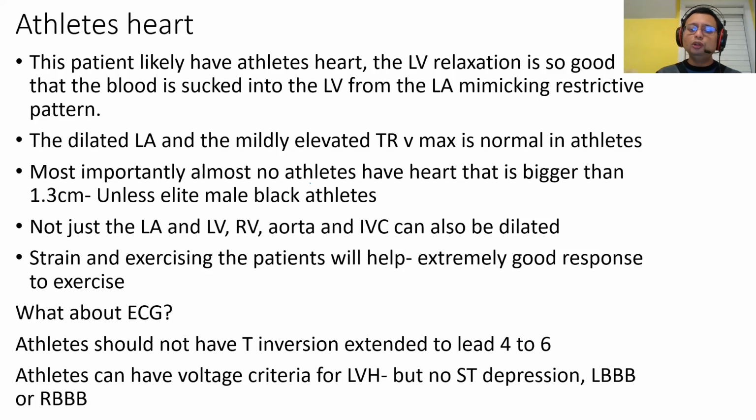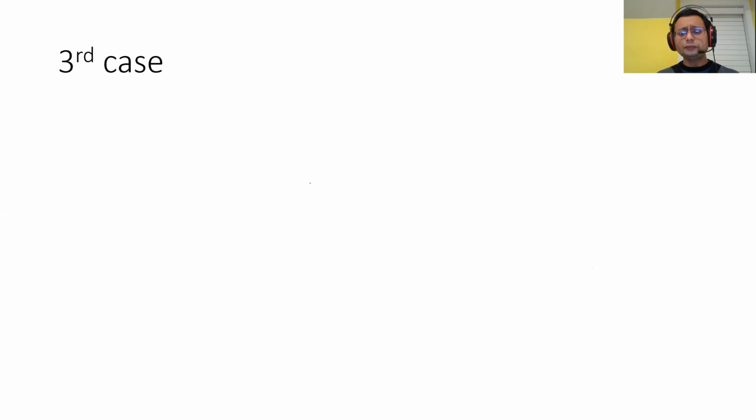They can have the voltage criteria for left ventricular hypertrophy, but they cannot have ST depression. And they cannot have LBBB or RBBB. You have to investigate that in athletes. So this is an example of someone with athlete's heart with supranormal diastolic function where we use algorithm 1, 2. That is our second case.